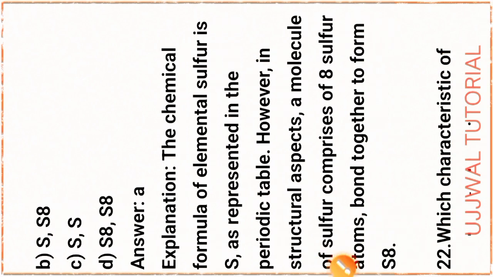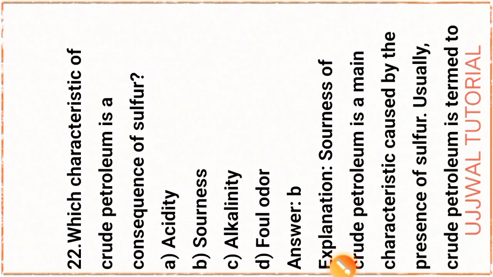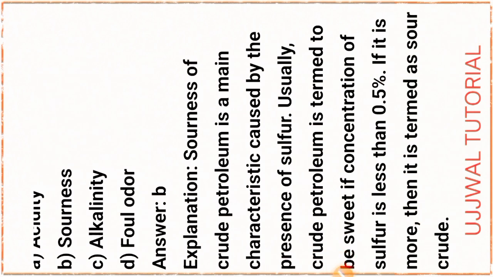Next question number 22. Which characteristic of crude petroleum is a consequence of sulfur? Option B, sourness. To explain this word, sourness of crude petroleum is a main characteristic caused by the presence of sulfur.